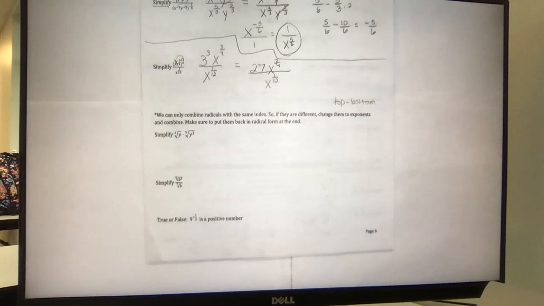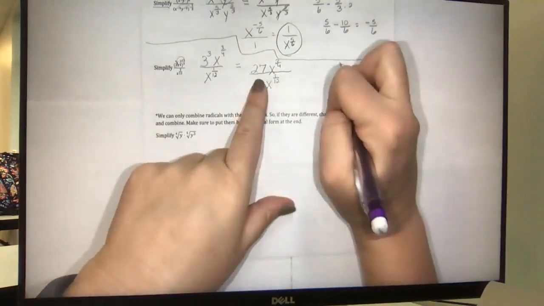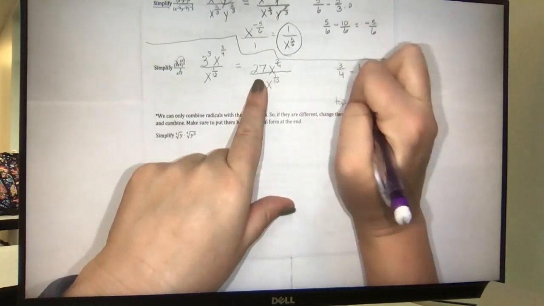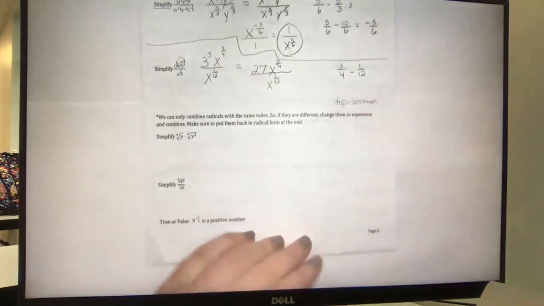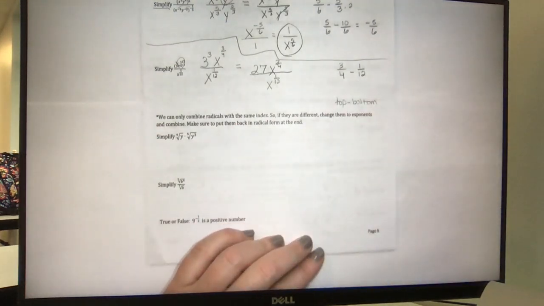If you're not sure which fraction is bigger, just do top minus bottom. If it comes out positive, you leave it in the top. If it comes out negative, where are you gonna put it? The bottom, okay? All right, so I would like to do 3/4 minus 1/12. Well, you know I can't do that because I have to have the same denominator. So my LCD would be a nice 12, right?